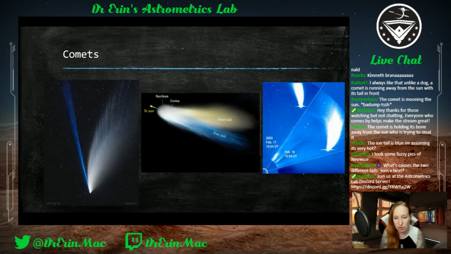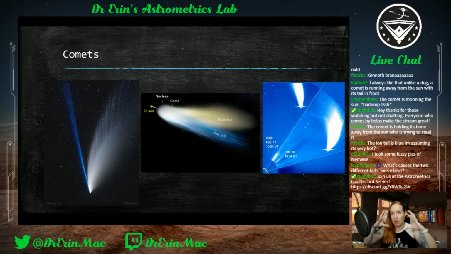What causes the two different tails, ions versus heat? Great question. The sun's radiation is what is hitting the comet. We have the solar wind, and the ultraviolet light from the sun radiates and hits the comet. Remember the size ratios: the coma is just the gas surrounding that tiny nucleus.